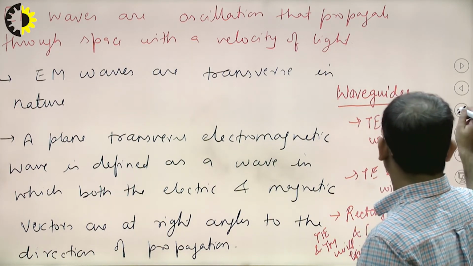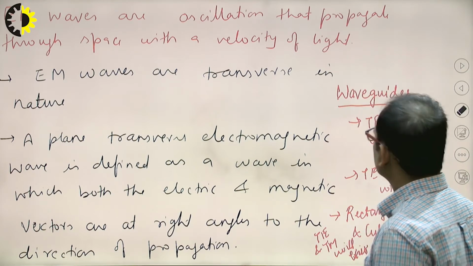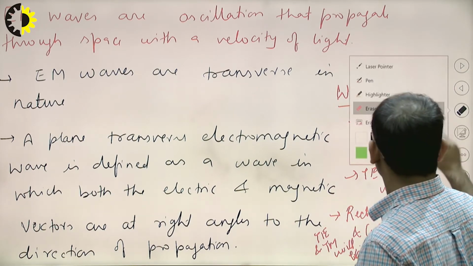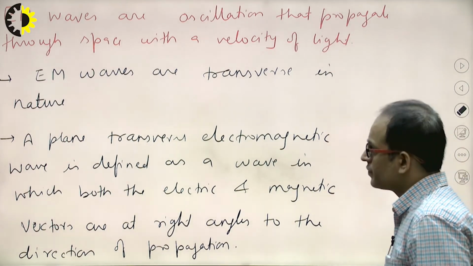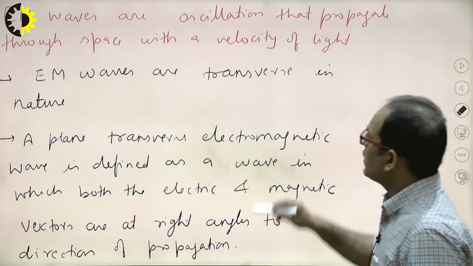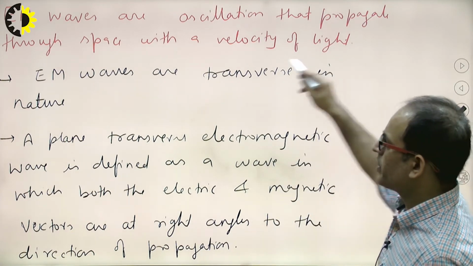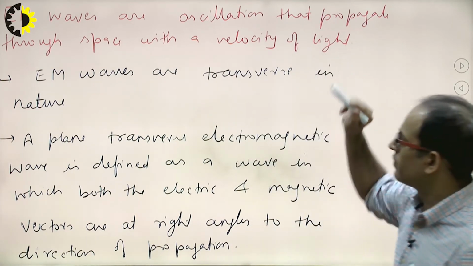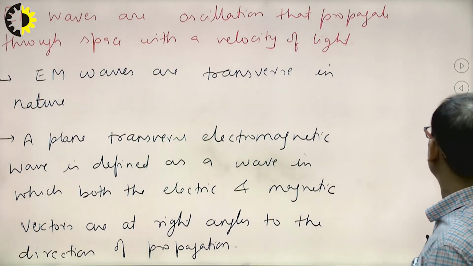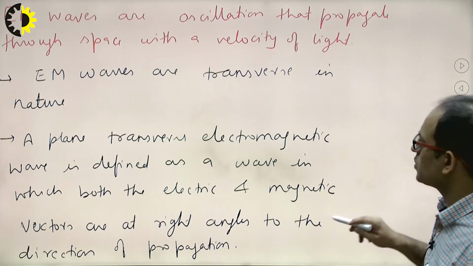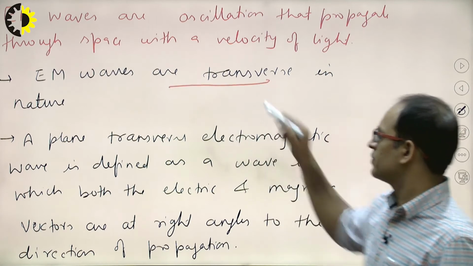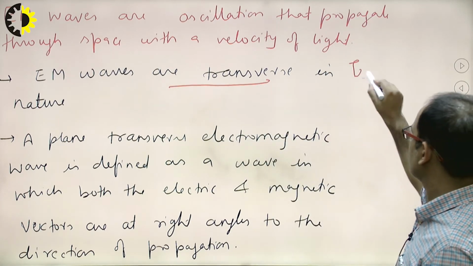Now, before we start with the rectangular waveguide and cylindrical waveguide, we will discuss or derive the generalized equation. Now see, EM waves are oscillations that propagate through space with the velocity of light. EM waves, as we know, are transverse in nature. What is transverse?